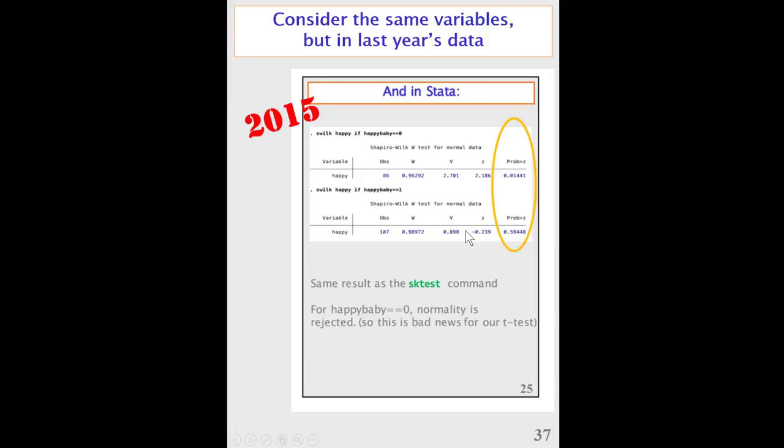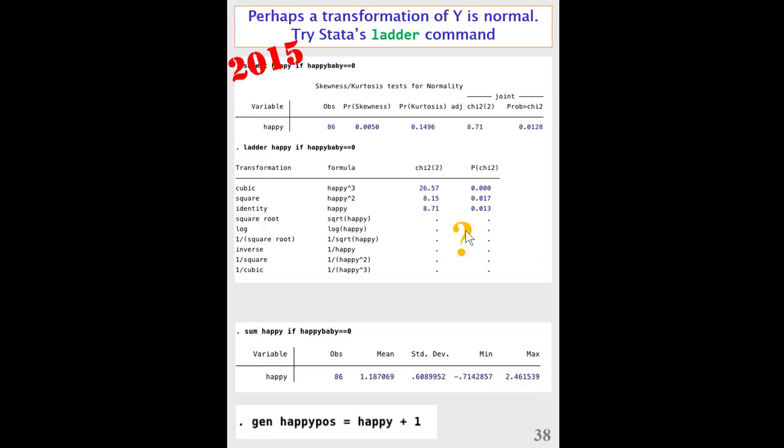What we're trying to do now is first try to transform that shape in such a way that, you know, first it didn't look very normal, and now it does look normal. We take the square root, take 1 over the variable, take the square of the variable, what have you, and we give that a try. Luckily this is an automatic process in Stata through a command that's called ladder.